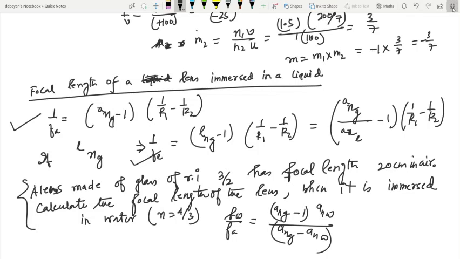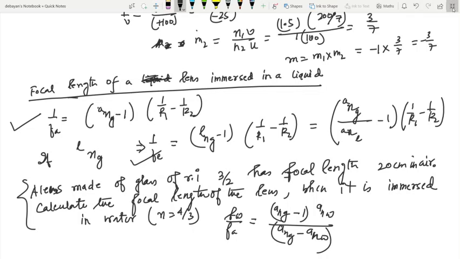If I write the formula and just substitute, then we will get this particular formula, and we just put in the values: 3 by 2 minus 1, and 3 by 2 minus 4 by 3, so we will get 4.